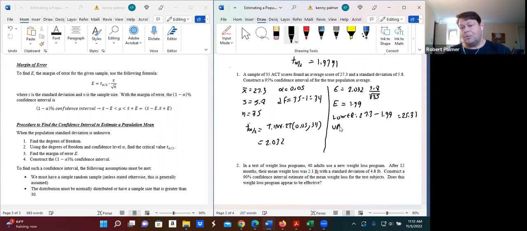The upper bound is my sample mean, 27.3, plus my margin of error, 1.99, and that's 29.29.